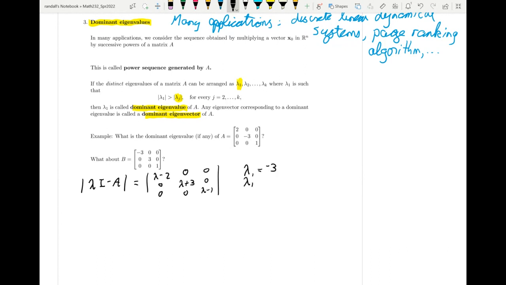So lambda 1 I'll call -3, lambda 2 will be 2, and lambda 3 will be 1. We see that this matrix has a dominant eigenvalue of -3, because in absolute value it's larger than the others.